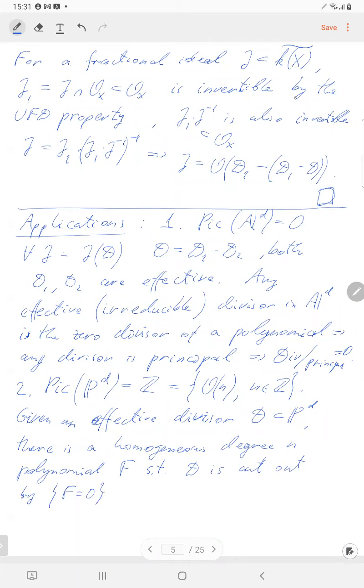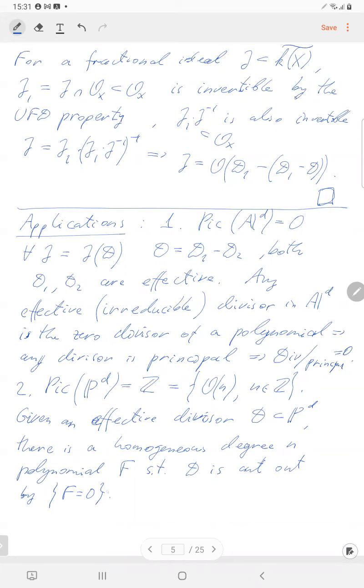Okay, this we proved some time ago. Essentially just the same as before. We consider the cone over this divisor. It lies in the affine space, where we already know this. And now we only impose this additional homogeneity property. Nothing new.